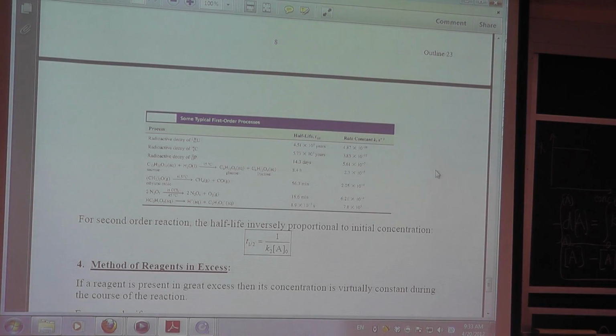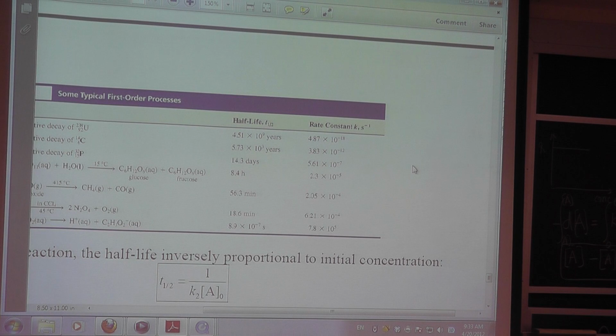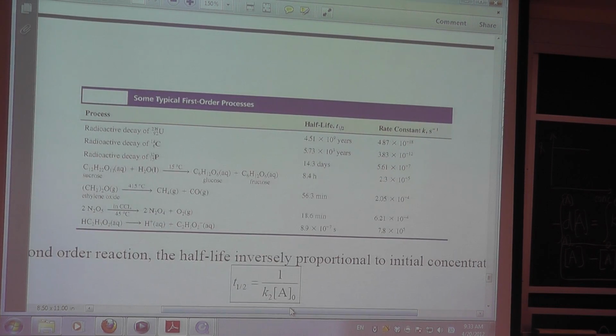So here are some examples of half-lives. Radioactive decay of uranium-238, 1 billion years. Here is a reaction whose half-life is less than a microsecond.